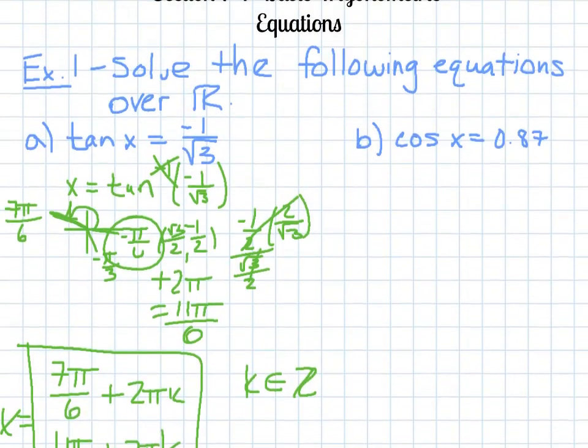Okay. Cosine of x equals 0.87. Here I need to do the same thing, but since it's a decimal, I'll have to plug it into the calculator.